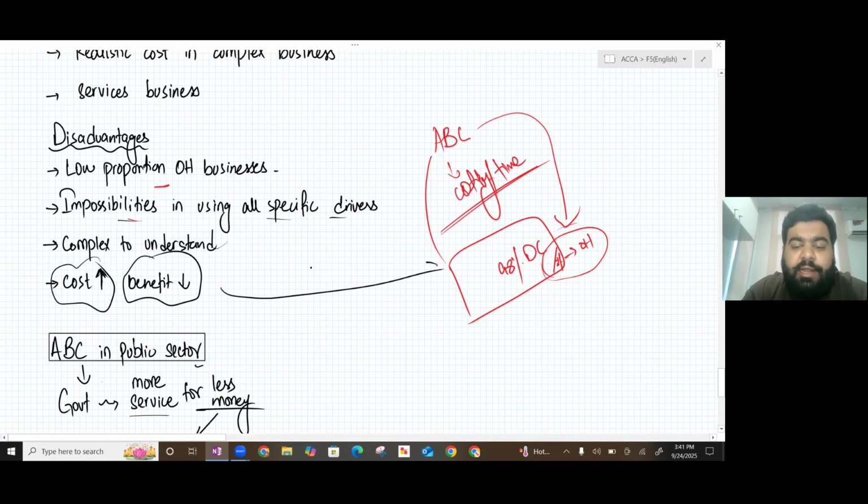Same example, I can repeat here: if we are incurring 2% of the cost out of 100% as overhead, and we are incurring time and cost for that, obviously cost will be more and benefit will be very low. So in that case, no need to calculate through ABC and take tension, don't be worried about that. So there are some advantages as well as disadvantages of ABC. You have to understand it properly.